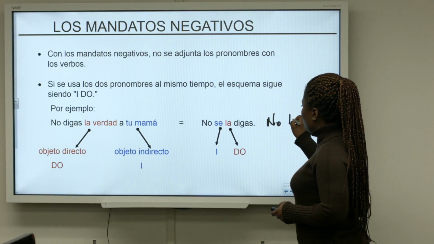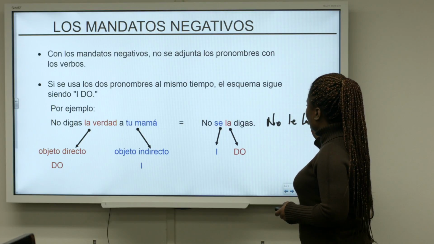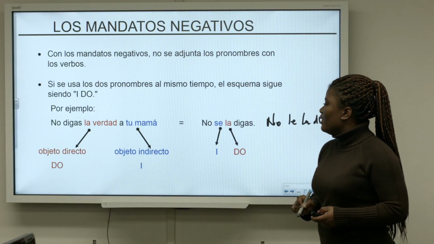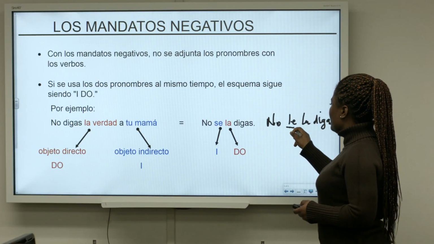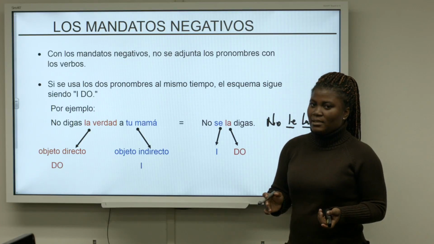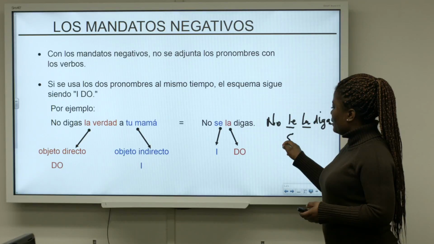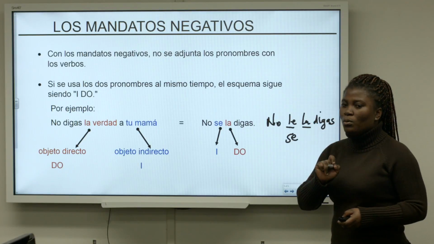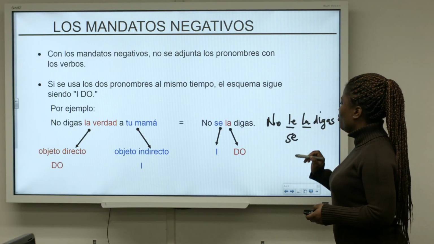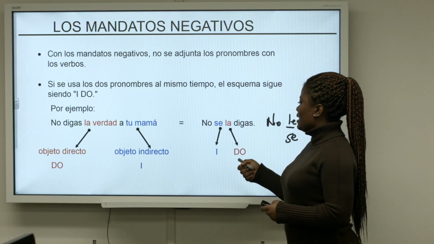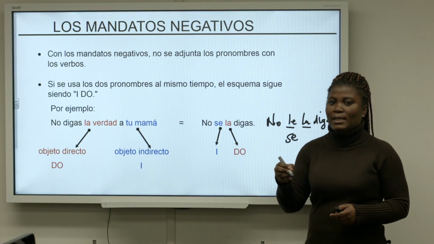Originally, it's supposed to be no le la digas. This is never said in spoken Spanish. What happens is that le changes to se only when it comes before lo, la, los, and las. So we have no se la digas instead of no le la digas.